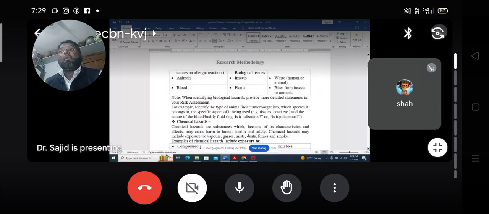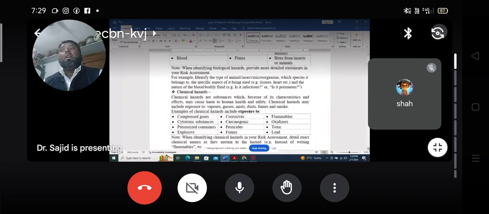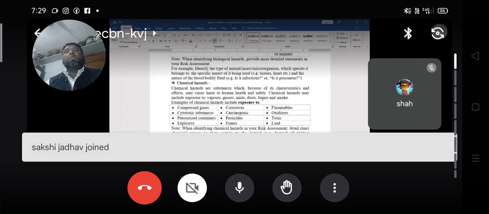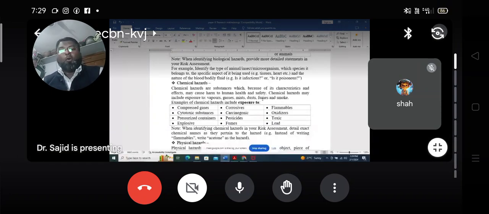Then the chemical hazard. When we are dealing in chemical laboratories, there are many different hazardous substances which can make your health unsafe. You have to take care of this. It includes chemical hazards in the form of vapors, gases, mist, dust, fumes, or smoke.